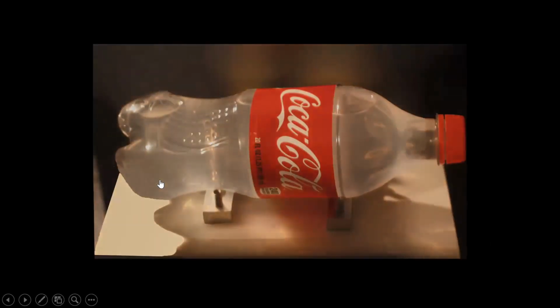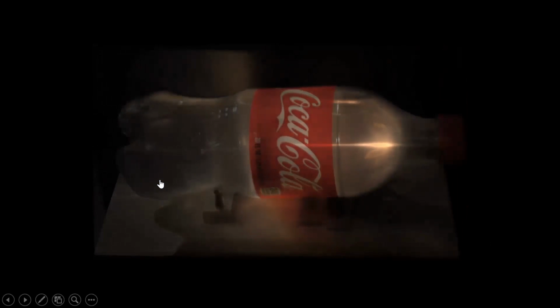So I'm going to play this again. It's about 2 picoseconds in each frame, which corresponds to about 1 trillion frames per second. The entire video plays over, I think, about 4 nanoseconds.